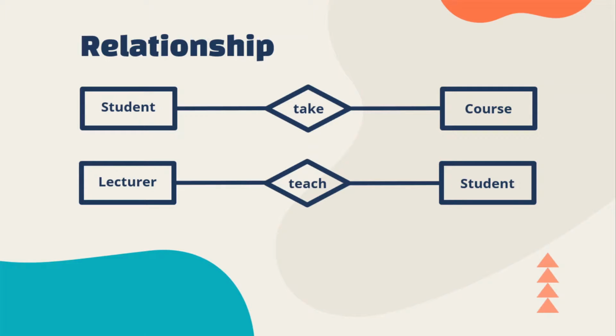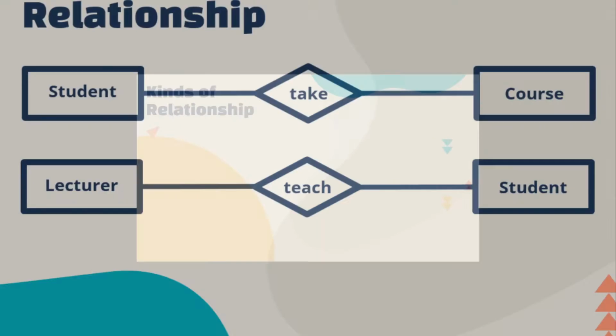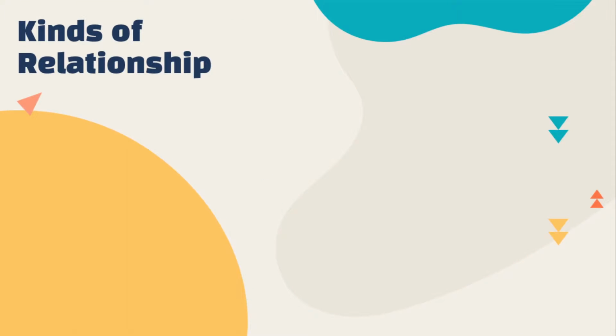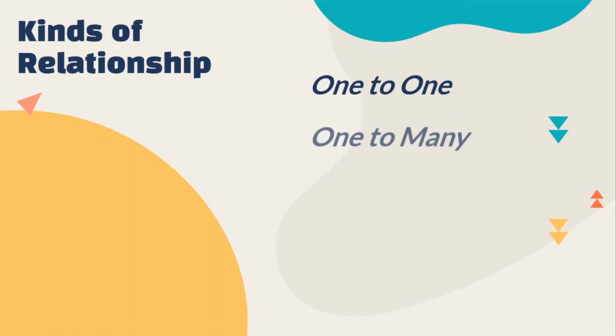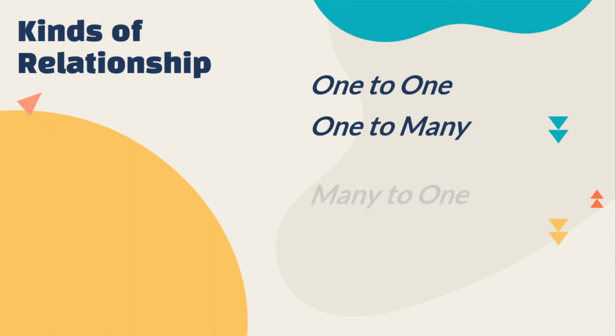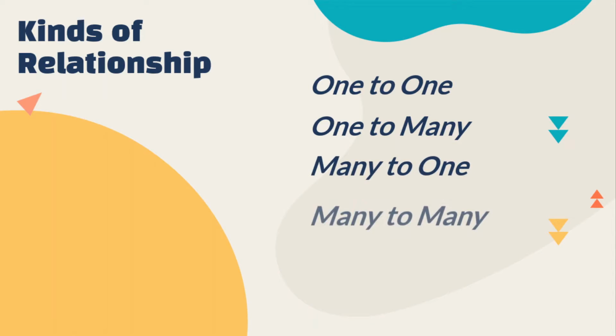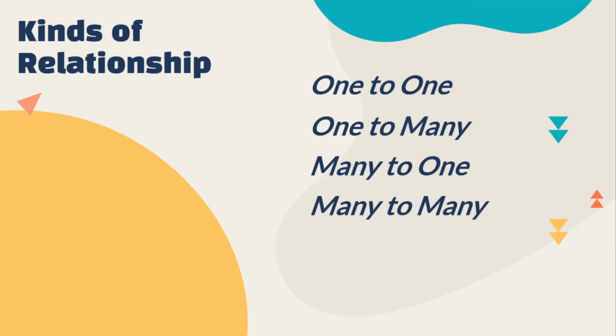So this is the example of relationship. There are four kinds of relationship among entities. First is one-to-one, second is one-to-many, then many-to-one, and the last is many-to-many. Let's discuss these kinds of relationship one by one.